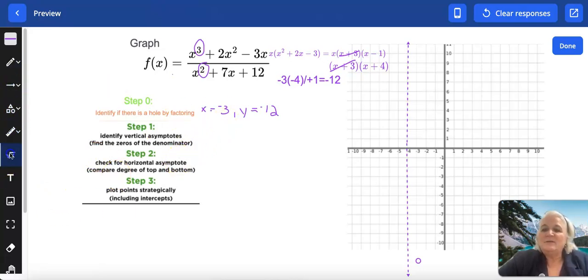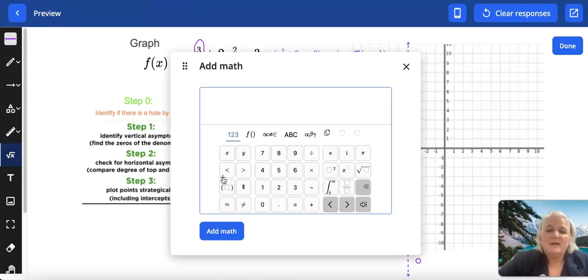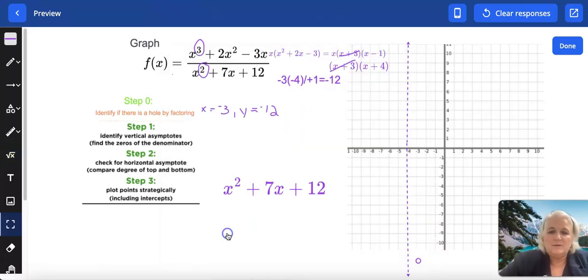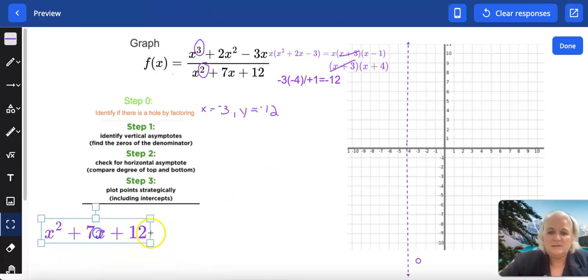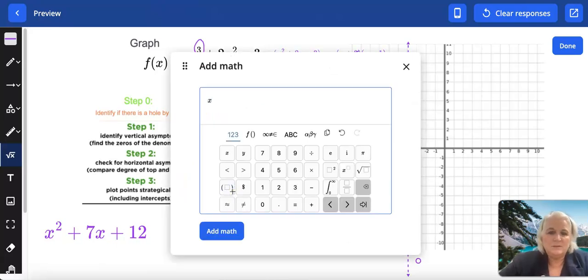So I have x squared plus 7x plus 12, and this is divided into my top part, which is x cubed plus 2x squared minus 3x.